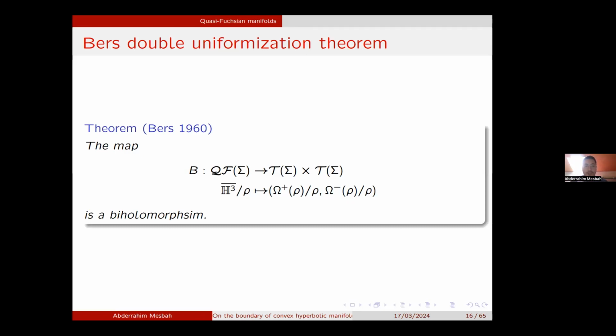The key point here is that quasi-Fuchsian manifolds in some sense can be identified with the ideal boundary, because of this biholomorphism that Bers has shown.